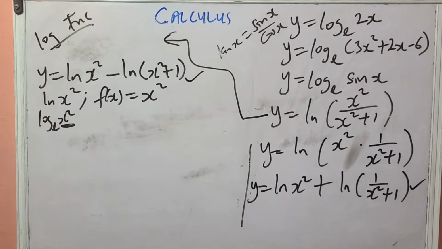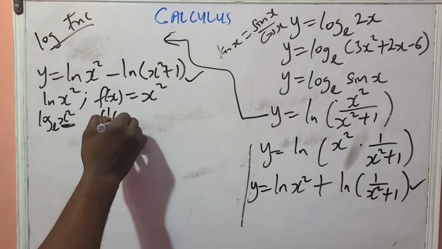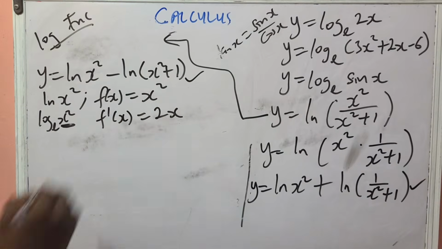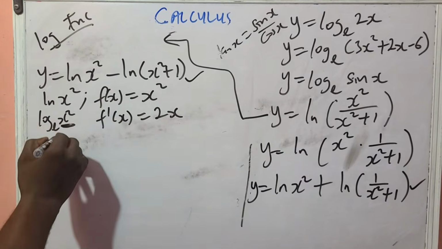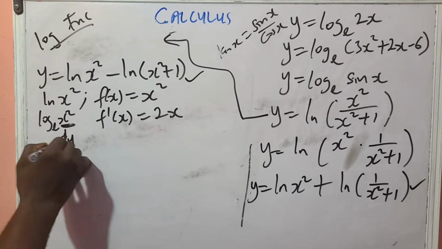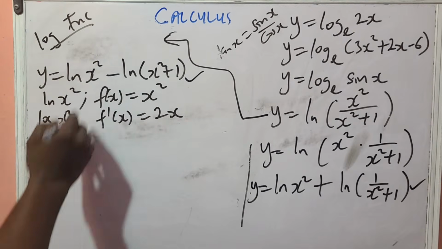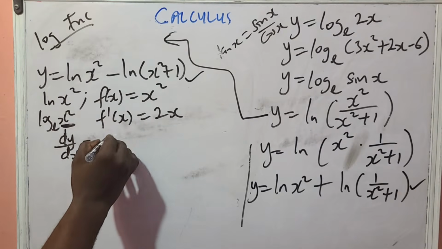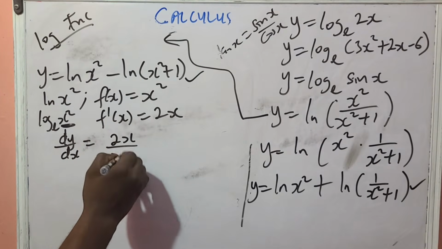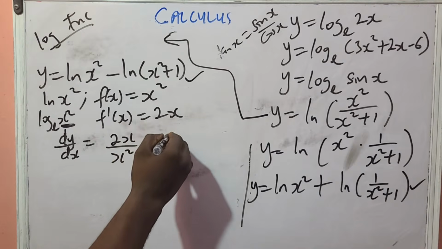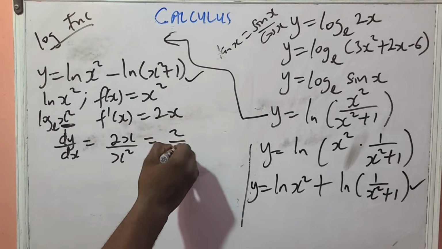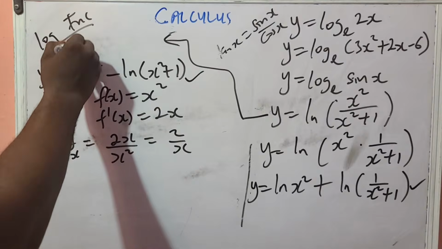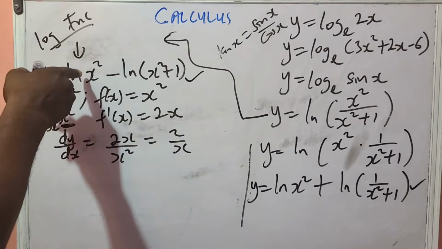Then you can find the derivative of this f of x, which will be 2x. So to get dy over dx of this particular ln x squared, it will be equal to the derivative over the function. That will be 2x over x squared, which is 2 over x. So that's the derivative of this one. We have completed this one.